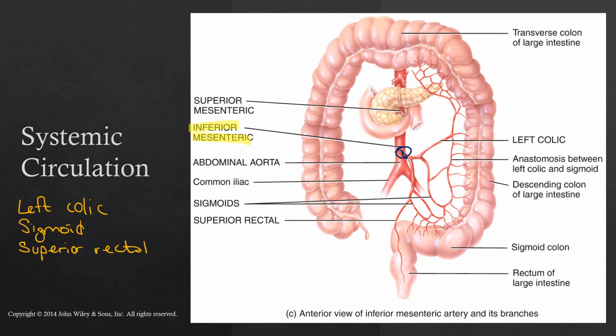So these are here, the left colic artery branching off there. Next we have the sigmoids, which are these, and then also the superior rectal artery, just going to be this one, going to the rectum.